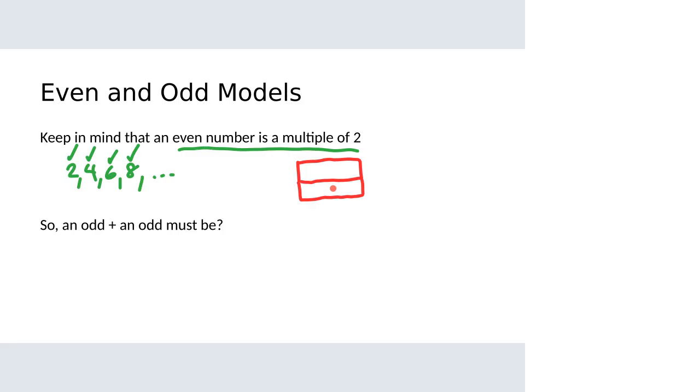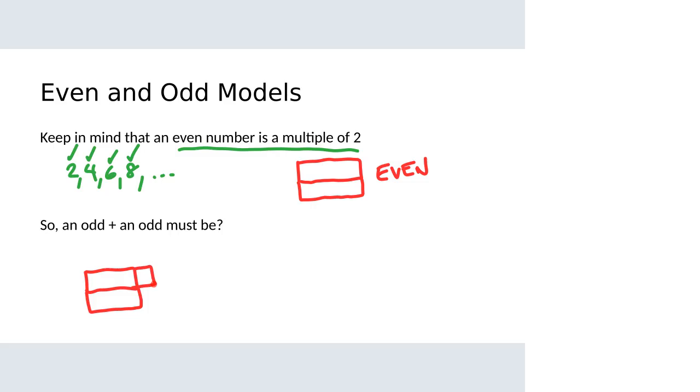So if we're going to model an even number that way, how do we model an odd number? Well, an odd number is really, let me label that one as even. If we're going to model an odd number, then it's just going to be an even number, whatever that even number is, and then we add 1 to it.